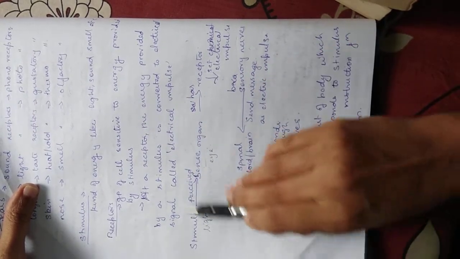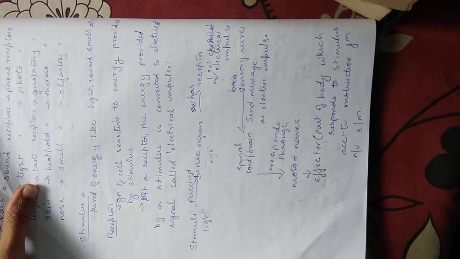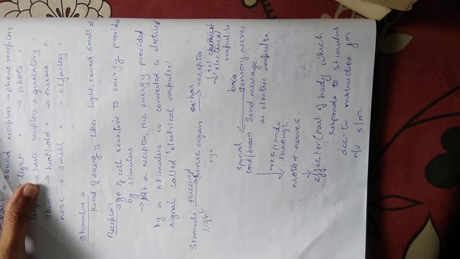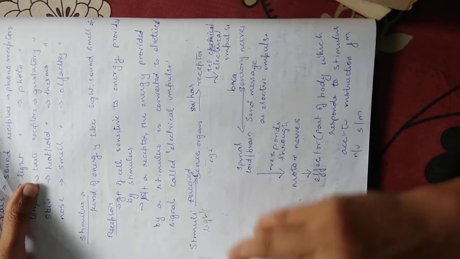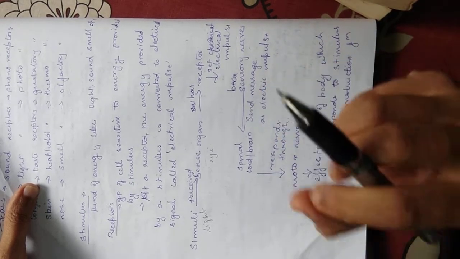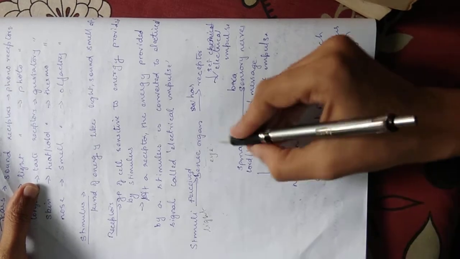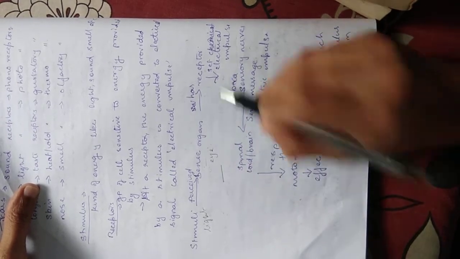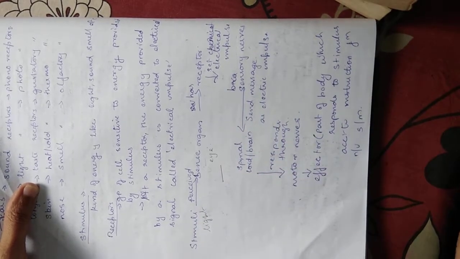Now this light energy falls on the receptor. What does the receptor do? Receptors are special cells which react when the stimulus comes. It generates an electric impulse. You all know electricity, no? So it creates a small current, an electric impulse, and then goes back to a normal state.